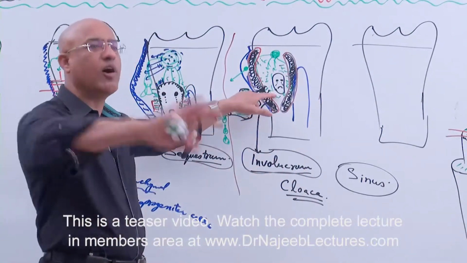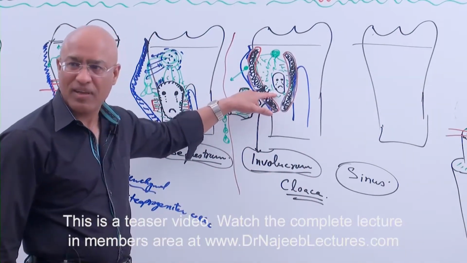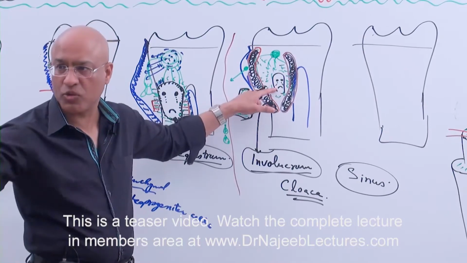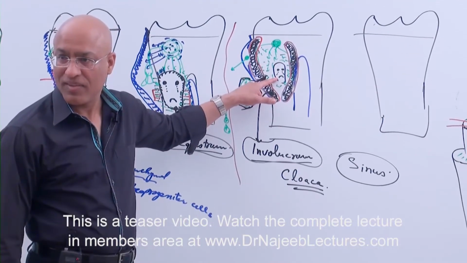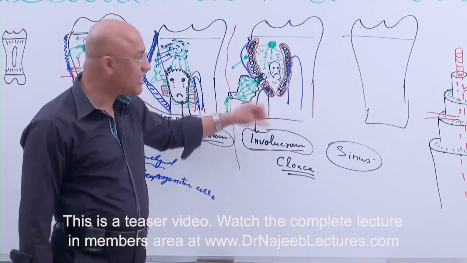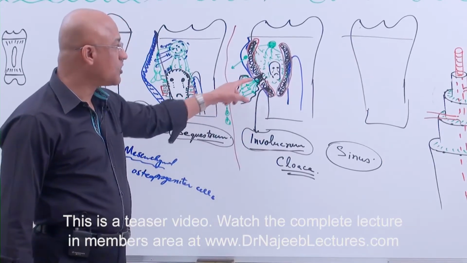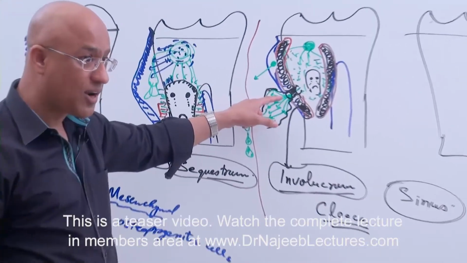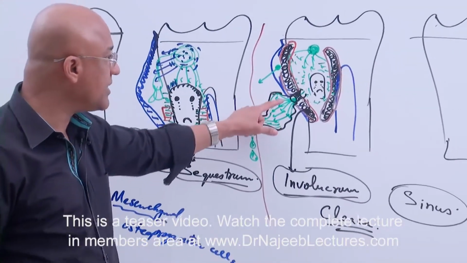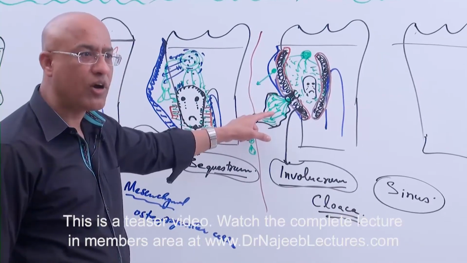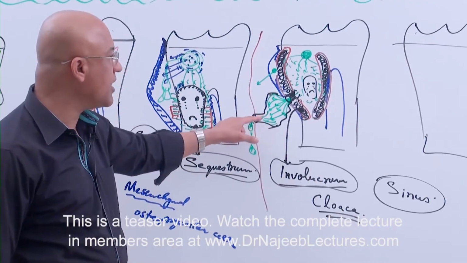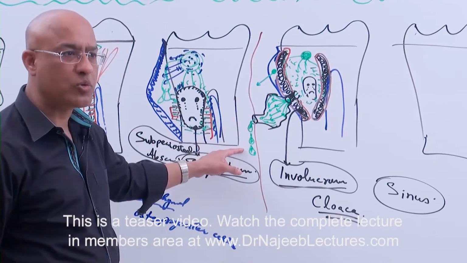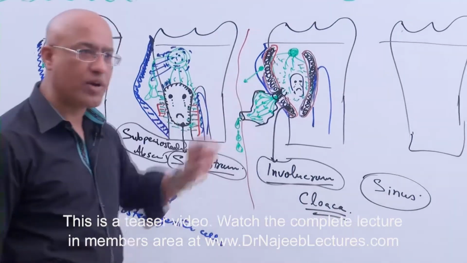But this base is lost to the pathogens. Sequestrum is lost in the war. Is that right? And eventually they will make a tunnel through the involucrum, cloaca, and subperiosteal area, and pus eventually damages soft tissue very rapidly, and eventually it drains out through the skin, and there is a sinus formation.